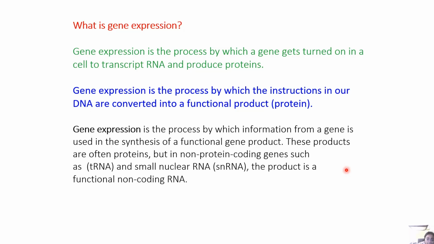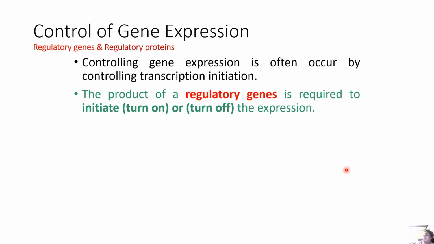This is the process by which information from a gene is used in the synthesis of a functional gene product. These products are often proteins, but in non-protein coding genes such as tRNA and small nuclear RNA, snRNA, the product is a functional non-coding RNA.